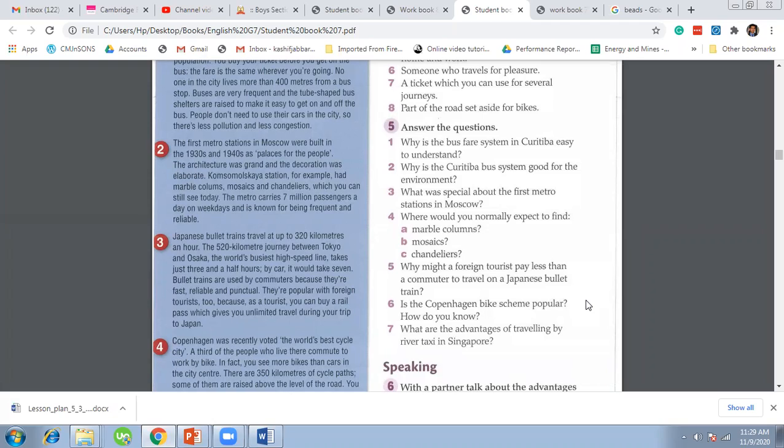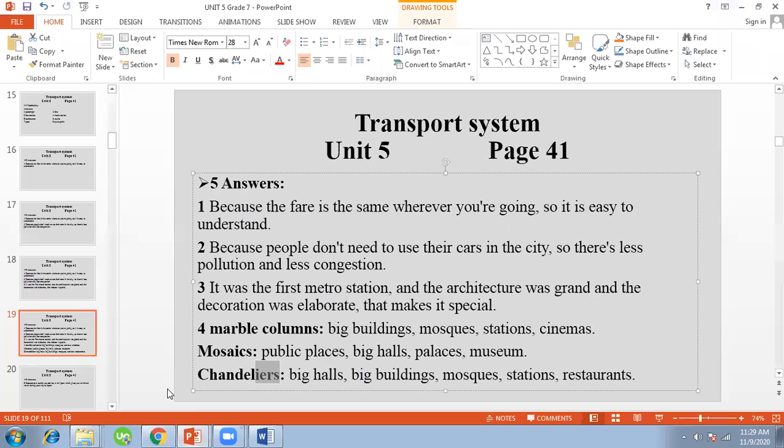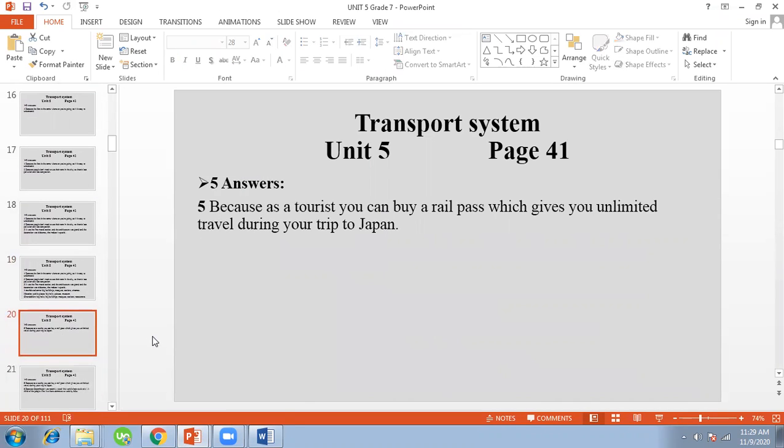Number 5, why might foreign tourists pay less than a commuter to travel on a Japanese bullet train? What's the reason behind it? So the reason is because as a tourist, you can buy a rail pass, which gives you unlimited travel during your trip to Japan.